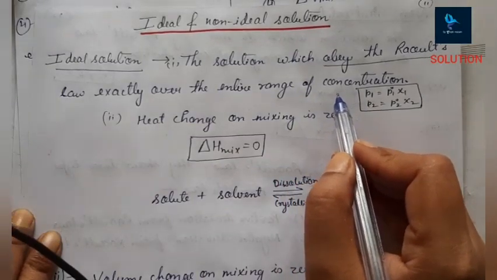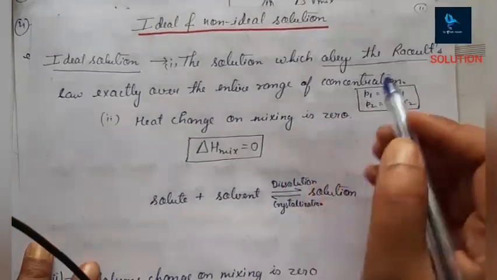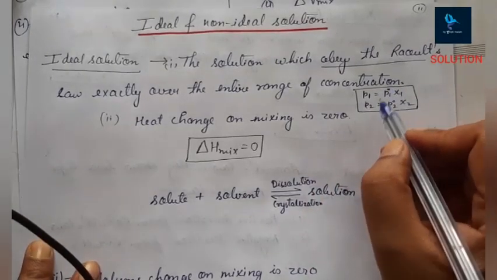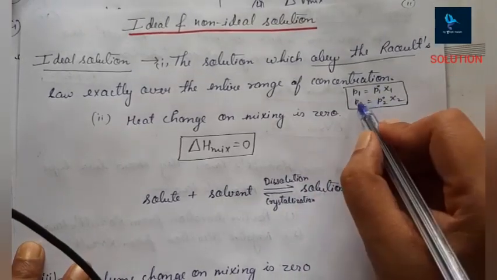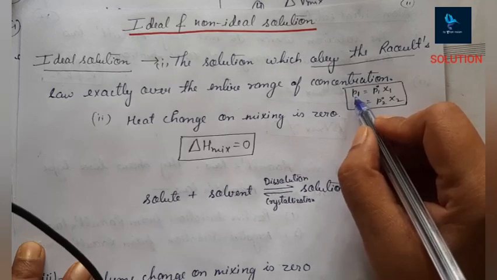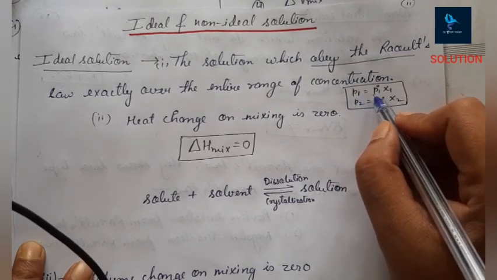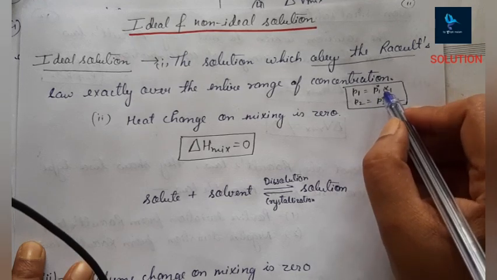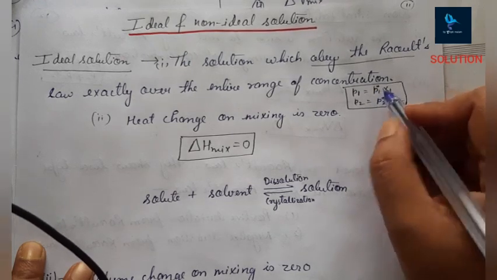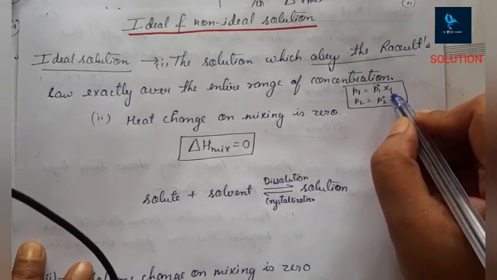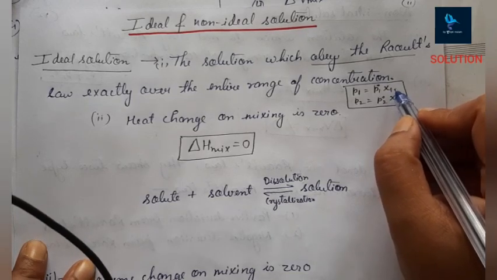What is Raoult's law? The partial vapor pressure of the liquid is equal to the pure component vapor pressure multiplied by the mole fraction of the first component.